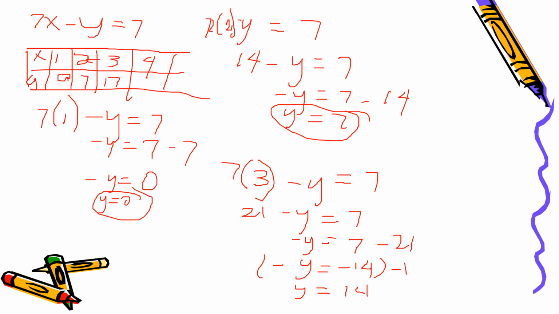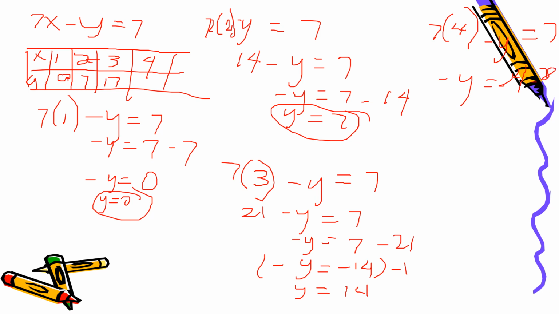And then the last number is 7 times 4 minus y is equal to 7. So negative y is equal to 7 minus 28.